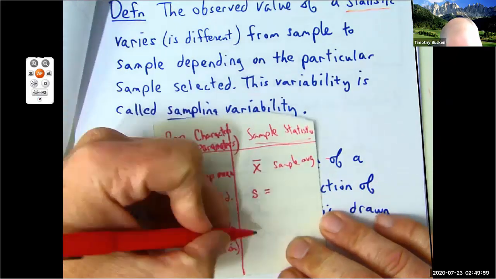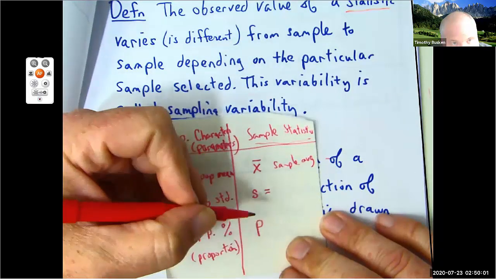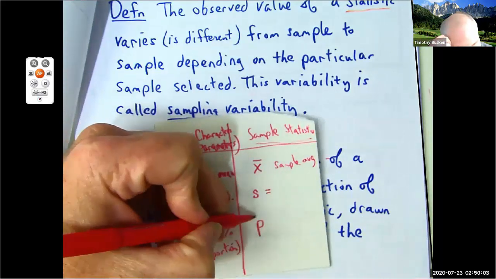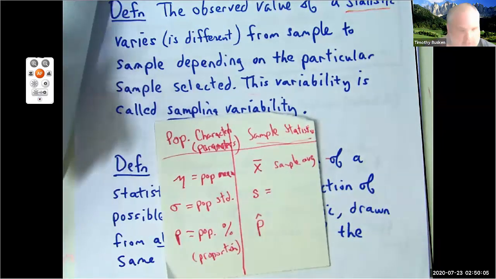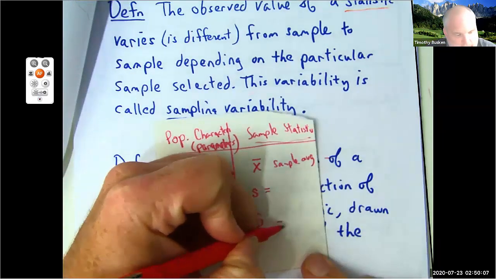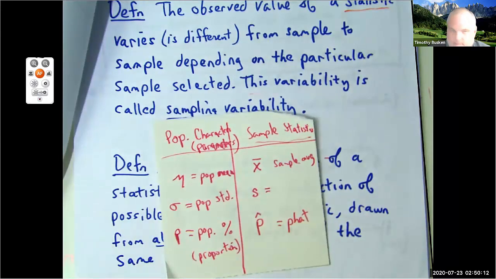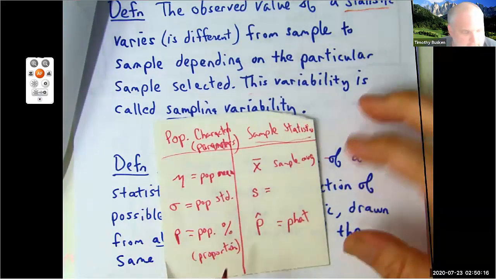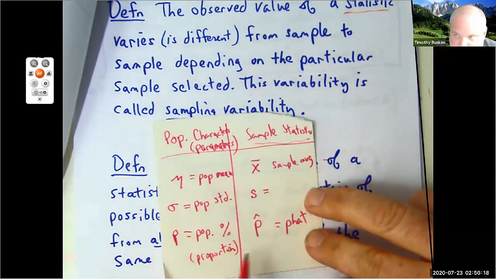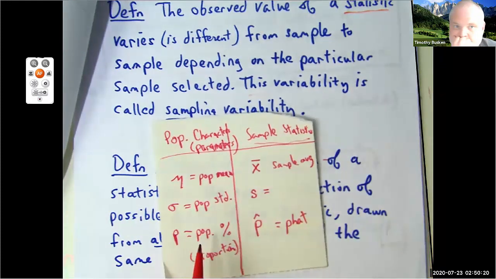And if you get a percentage of the sample that has some characteristic, that's giving you a value of what's called p hat, or p-hat for short. I guess p hat is p with a hat over it. So you need to remember and understand the differences between these 6 symbols.